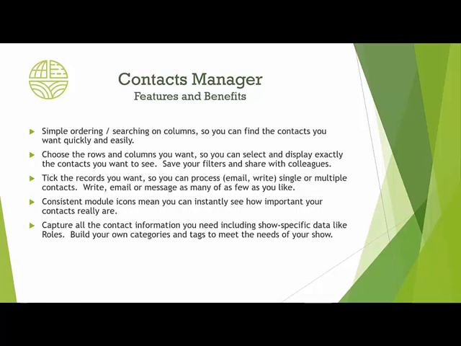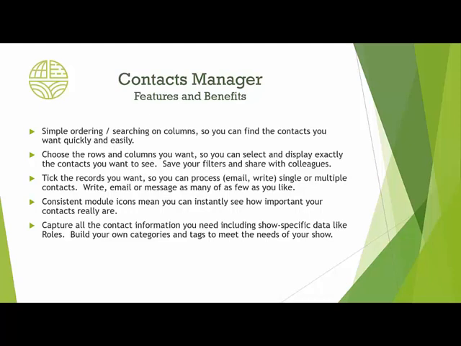You've also got the option to tick records and quickly process either single or multiple communication types, either emails, writing a letter, putting a message to them, anything like that. You've got consistent module icons on the left-hand menu screen, and then you've also got the sales profiles, so you know which contact has bought a certain thing like tickets or trade stands, so you can quickly find all the people at your trade stands, and if you need to, send them all an email.